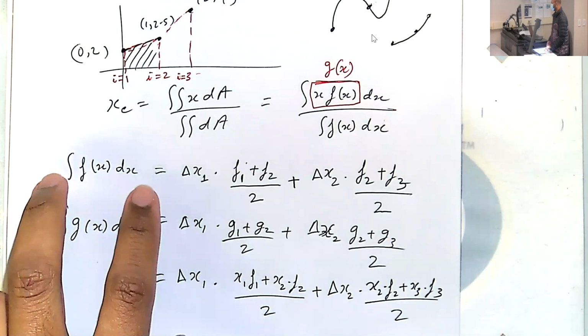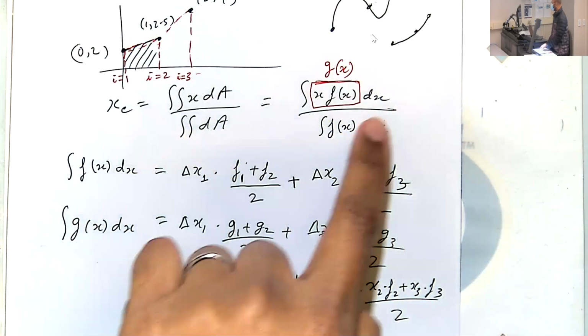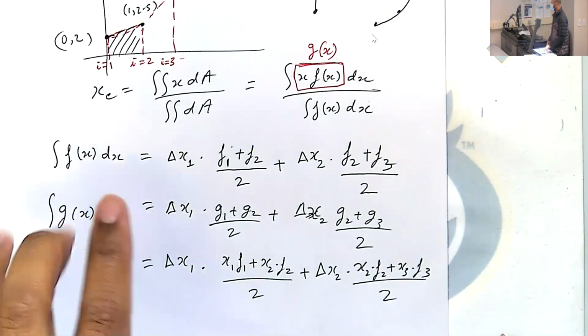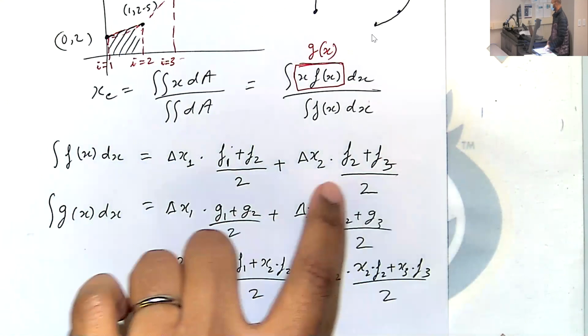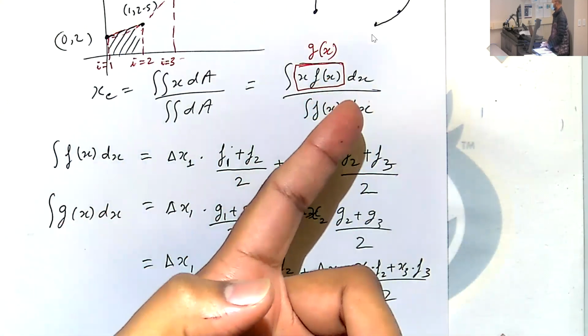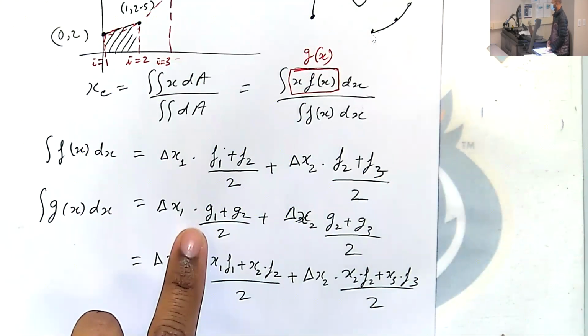No, f of x dx gives you the area. That's the denominator here. The numerator comes from this. This you already know how to do, the area. That's the easier one. Again, the numerator is identical. We just have to make one small substitution.